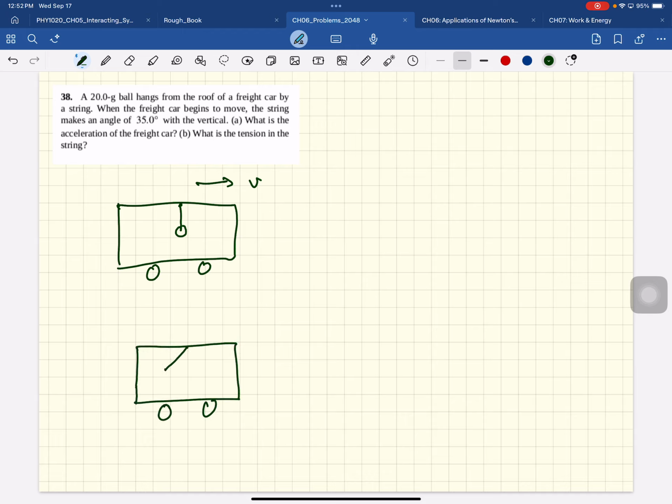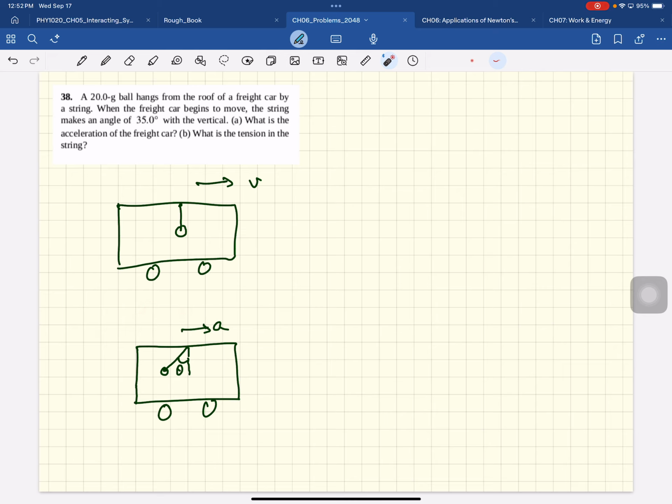Now, if you accelerate, this object hanging will be at an angle like that. And the greater your acceleration, the larger this angle. For infinite acceleration, this will be hanging at 90 degrees. And of course, when you're braking and the acceleration is that way, then this will hang that way.